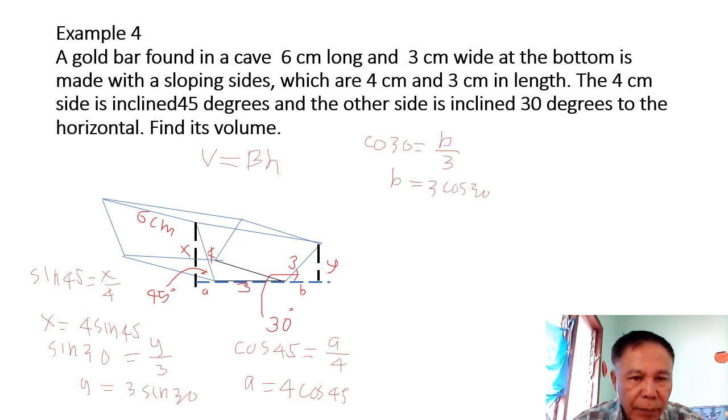So it becomes a trapezoid. So the area of the trapezoid is equivalent to 1/2, try to see the figure, x, the lower part, plus the other base y, times of course the height.